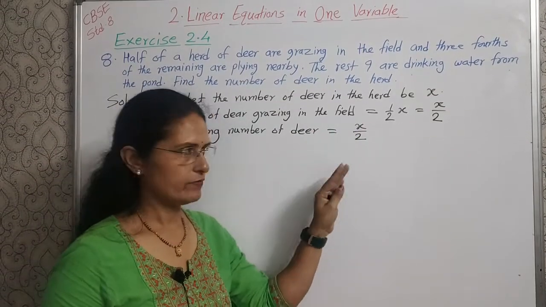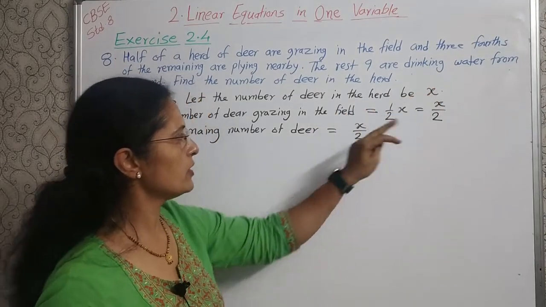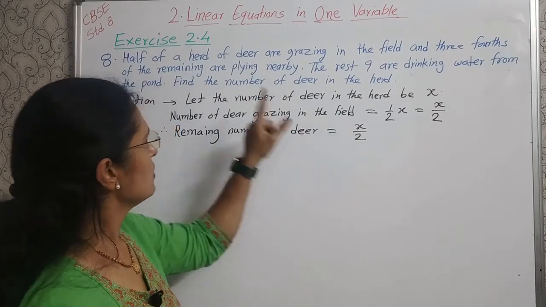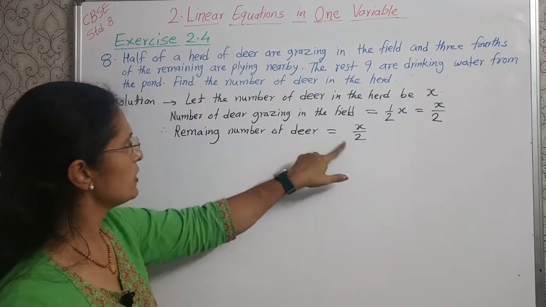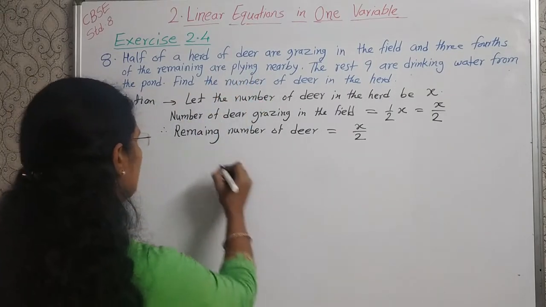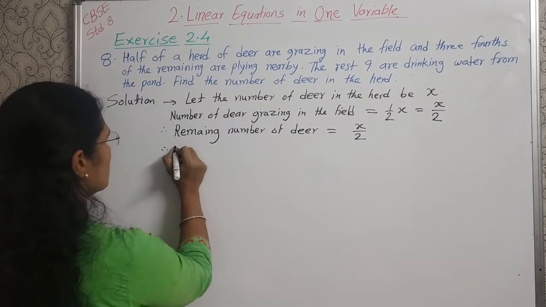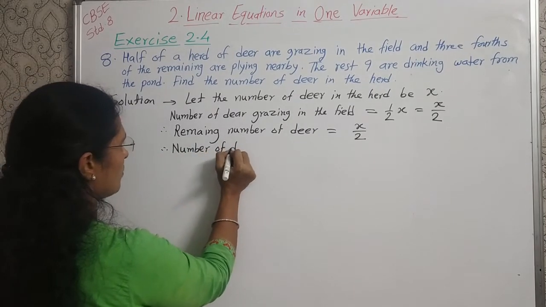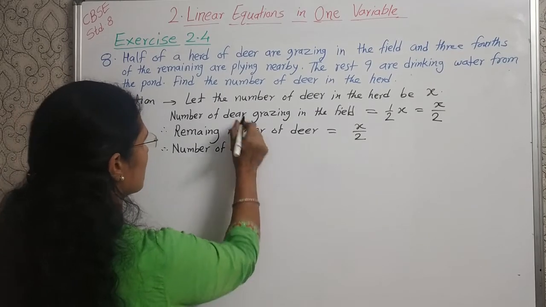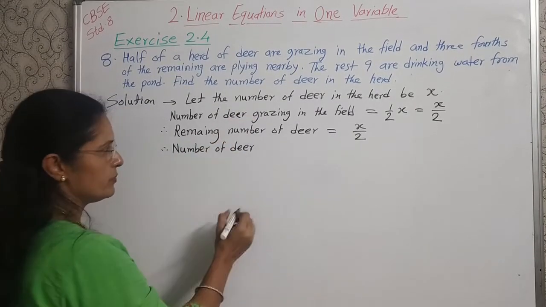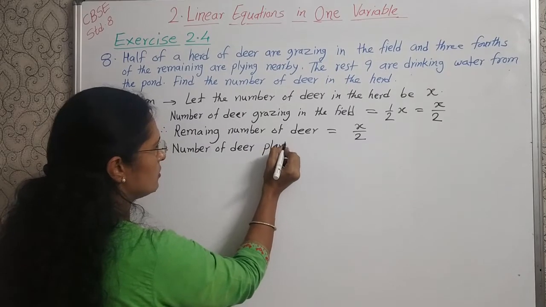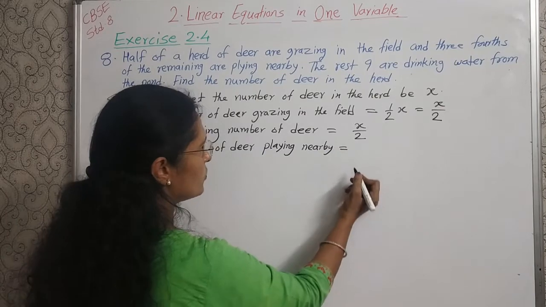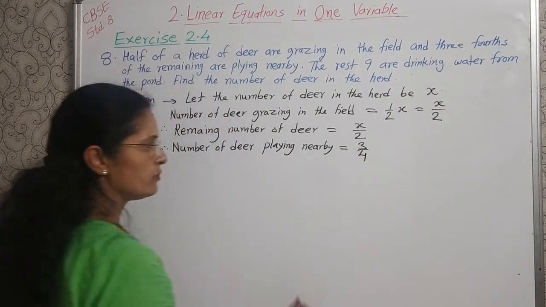So again half are left, half are grazing out of this x number of deer, and 3/4 of the half, so 3/4 of this number are playing nearby. So number of deer playing nearby is equal to 3 by 4.